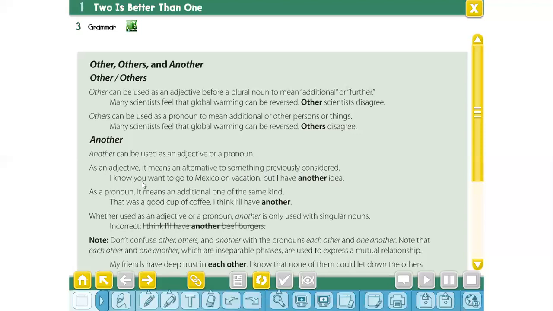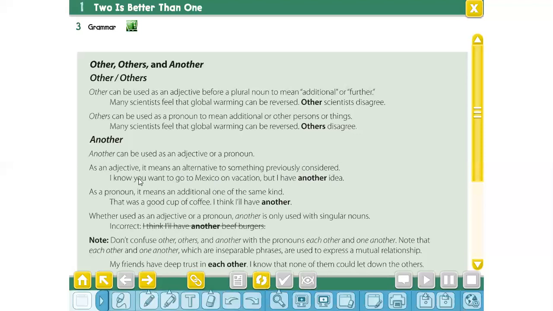Like what? I know you want to go to Mexico on vacation, but I have another idea. Look at this noun, it's a singular noun. So another, this is an adjective followed by a singular noun. Yes, to mean what? To mean an alternative to something previously considered.